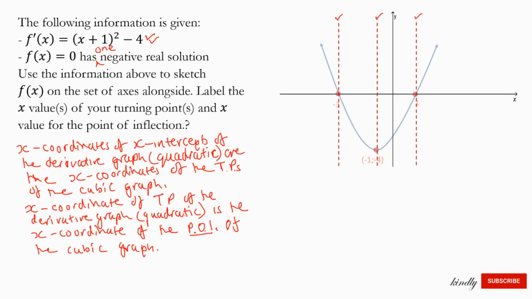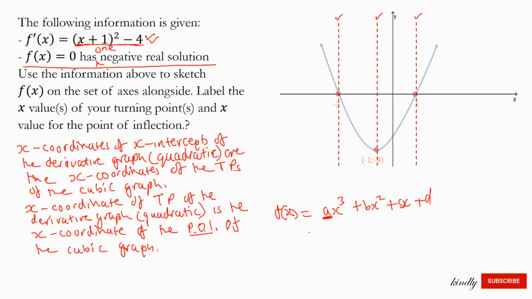It says f of x has one negative real solution, so we must have an idea about the shape of our graph. If you check here, the coefficient of x squared is positive, meaning that for our cubic function, f of x equals ax³ + bx² + cx + d, a is also positive.